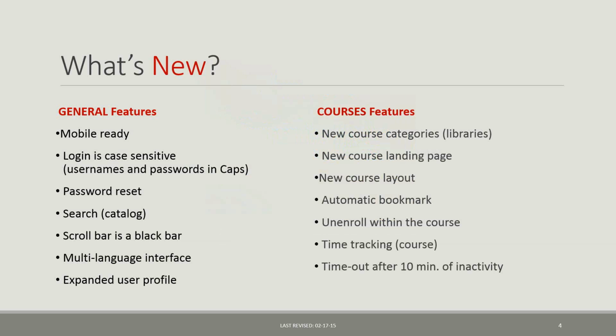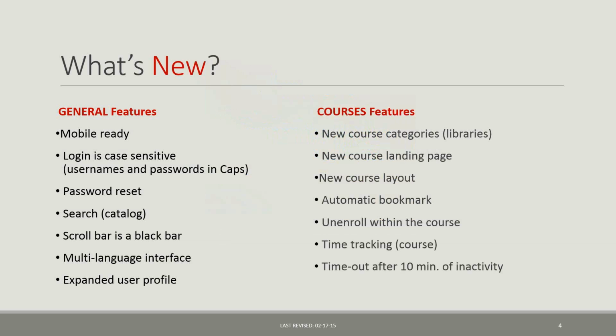So it's an automatic feature now. There's also the ability to unenroll or unsubscribe from a course straight from the course. So you can go in, look at a course, and you don't have to go out in order to unenroll. You can unenroll directly in the landing page of the course.